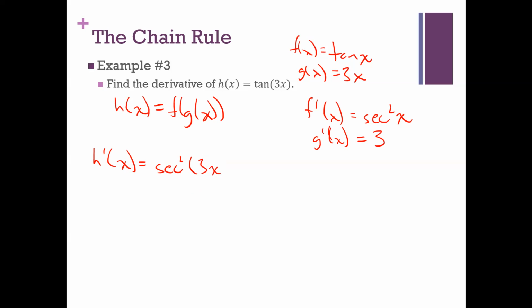So that's secant squared of x, right? But the way we've defined these functions, the input to the tangent function is not x. It is this slightly more complicated thing, 3x. So that outer layer of the derivative is going to be secant squared of 3x. Garrett? Yeah, and then multiply by 3 because that's the derivative of the next layer. And just because it looks better, I think.